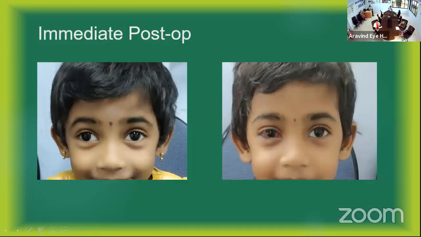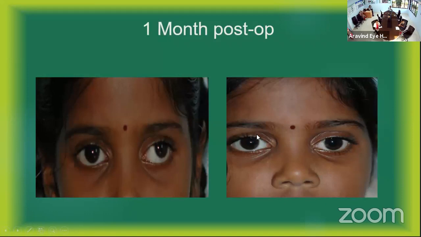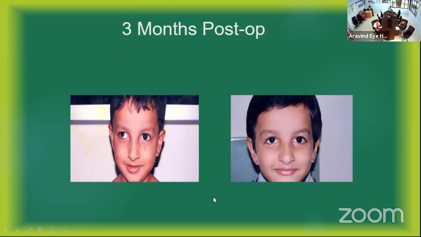So these are the immediate post-op. After an IXT, the child is looking straight, and you see that after 1 month post-op, the correction is really good. So here we have a large angle XT, and this is 3 months post-op. You see that there is a good correction. Even though it is not fully straight, there is some amount of XT.